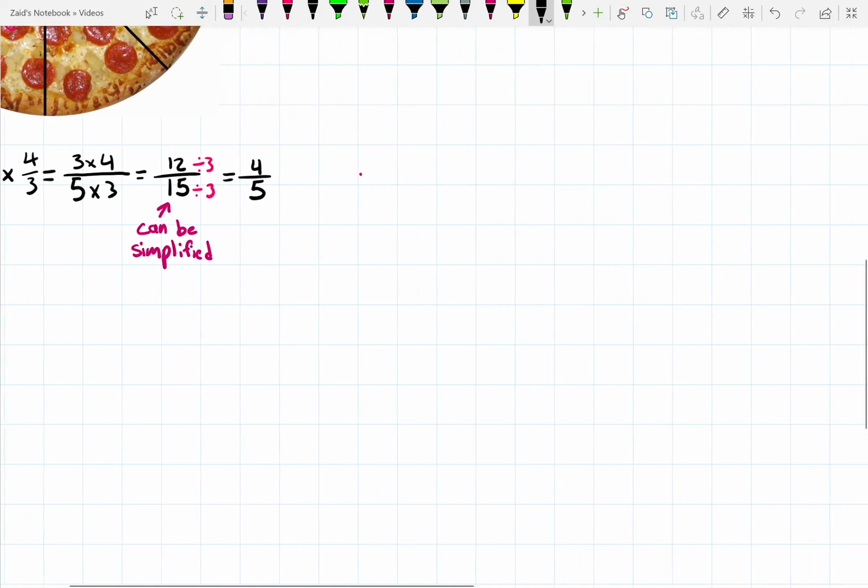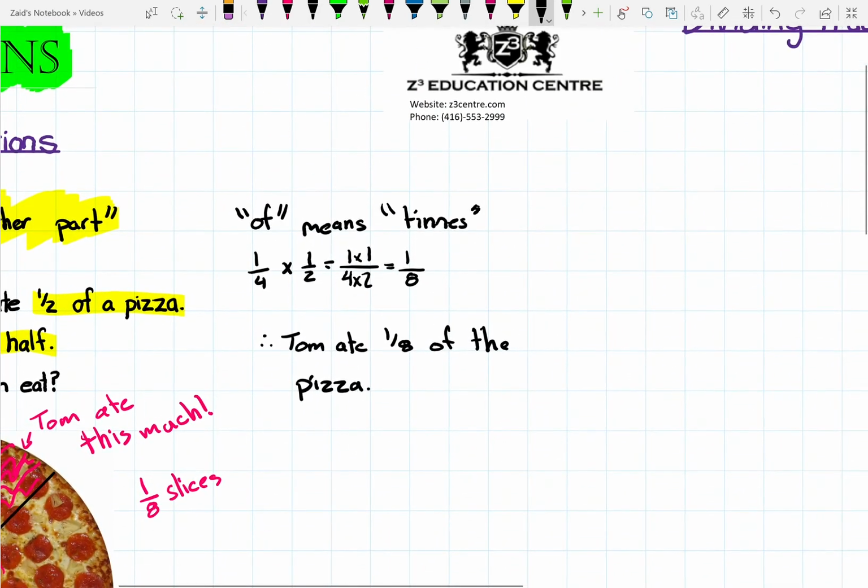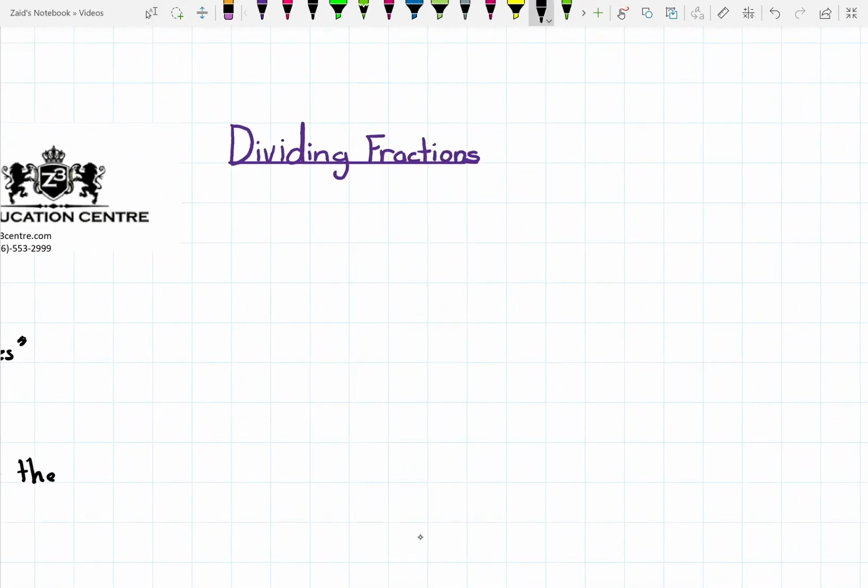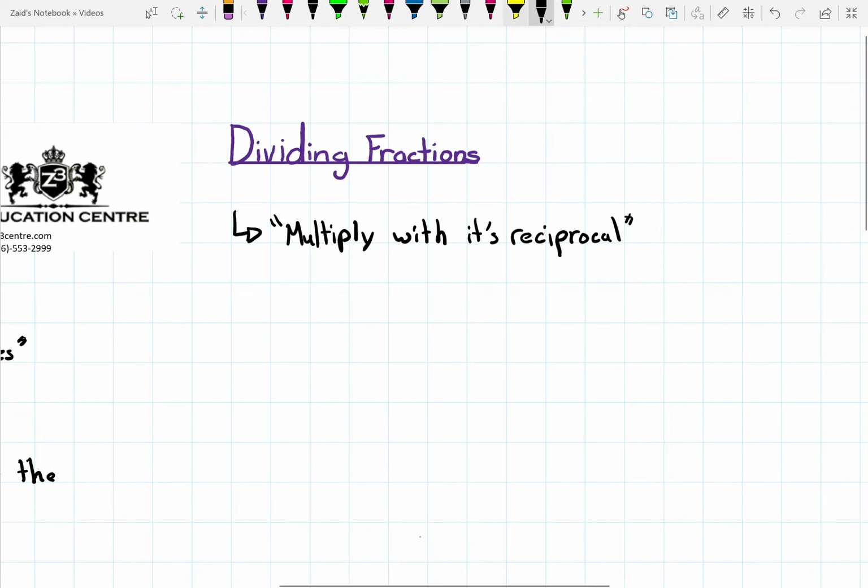And now, dividing fractions just means we are multiplying fractions by their reciprocal. Now, what reciprocal means is basically where you flip the fraction around.